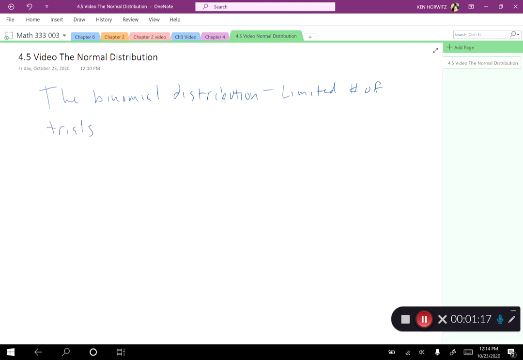Those limited number of trials create a problem, because what about a continuous random variable that can take on an infinite number of values?